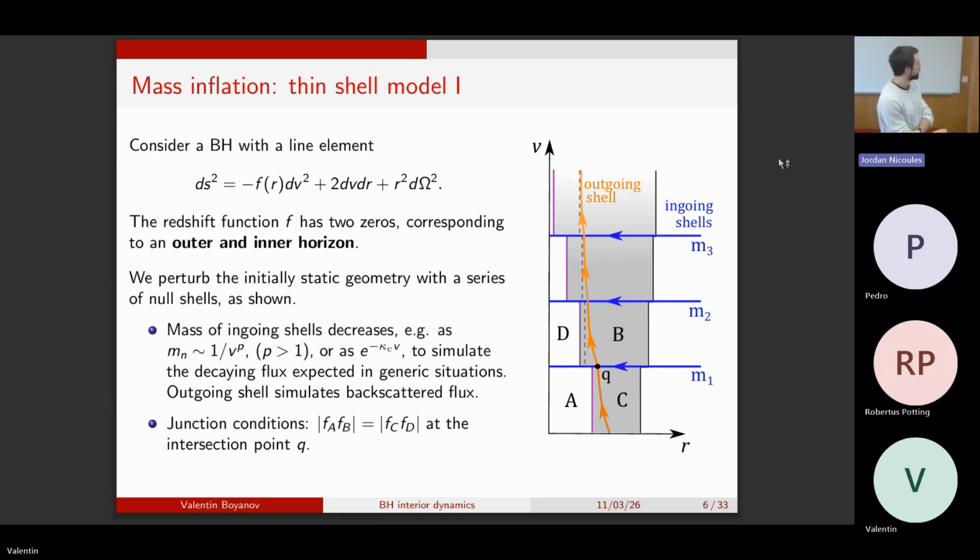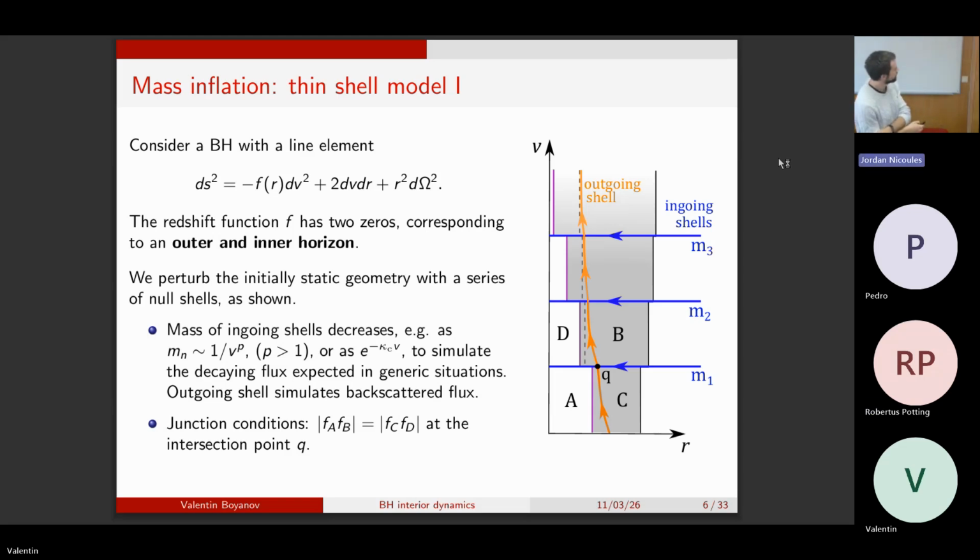So for the outgoing backscattered flux, it's enough to put a single outgoing null shell inside the trapped region. And for the ingoing flux, we can model it with a series of ingoing shells of decreasing mass. And we start with a black hole that has the standard vacuum-like form, in these time coordinates, where the redshift function has two zeros, one corresponding to the outer horizon, one corresponding to the inner horizon.